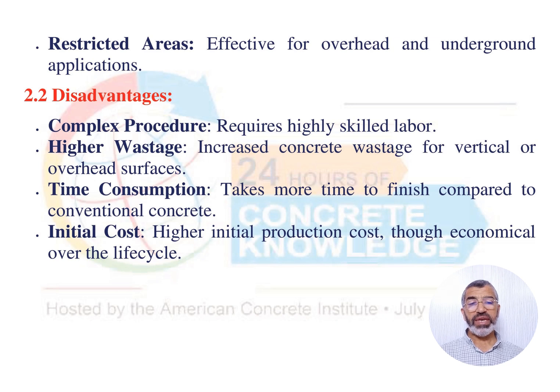So that takes time compared to conventional concrete used with formworks. Also, the initial cost for the shotcrete is higher compared to conventional concrete, but shotcreting is economical over the life cycle time.